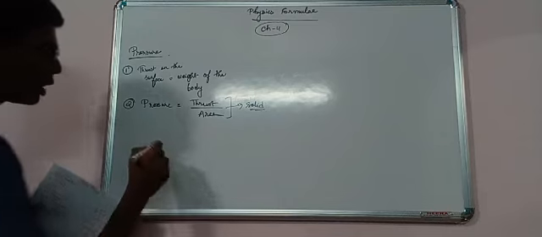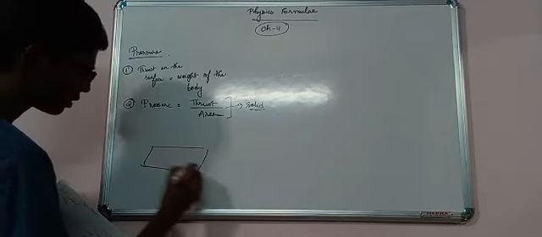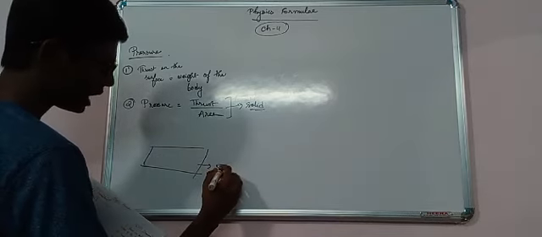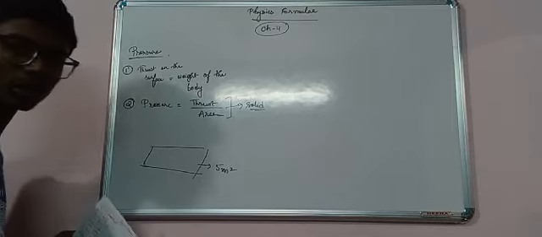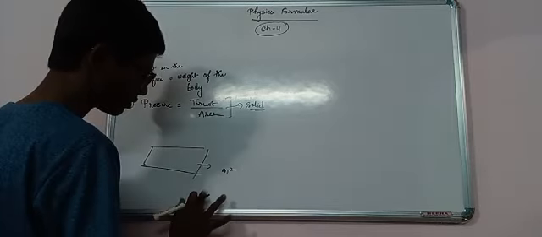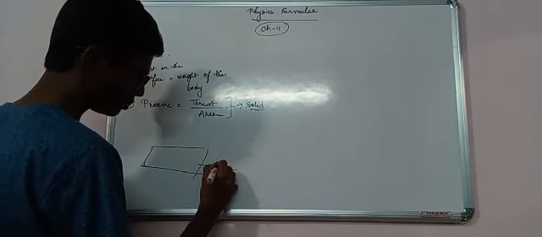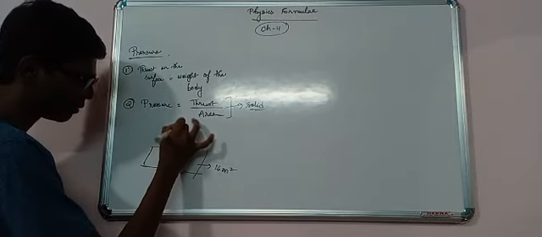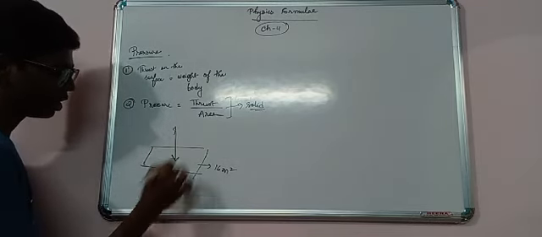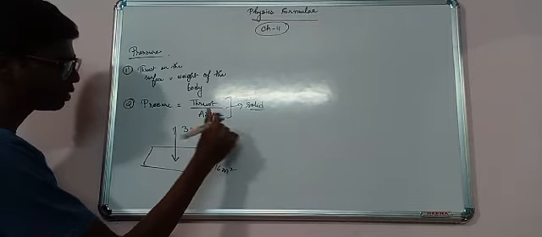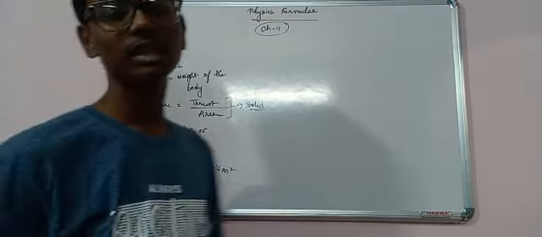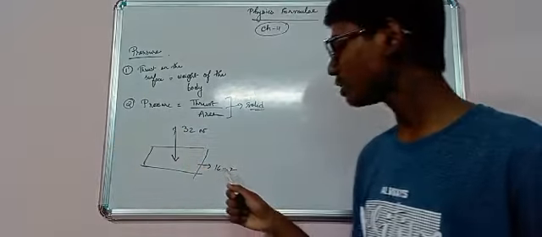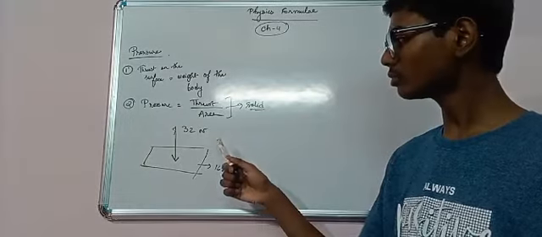Basically, suppose you have an area of 16 meters square, on which a force of 32 Newton has been applied. We know the unit of thrust or force is Newton and that of area is meter square, right?